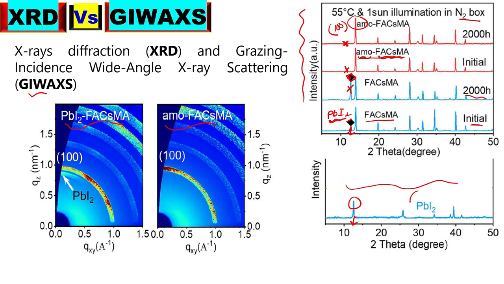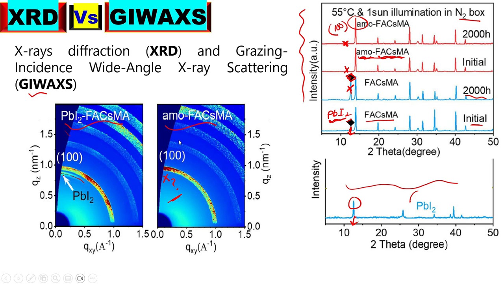We can see that this peak is visible in both cases, but in the first case, just like the lead diiodide peak, a small peak is also appearing. You see very clearly, while that peak is disappearing from this sample, and there is no such peak here. So this is how these two techniques support each other.